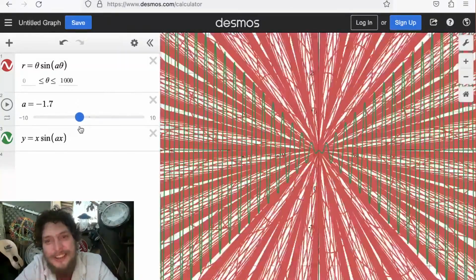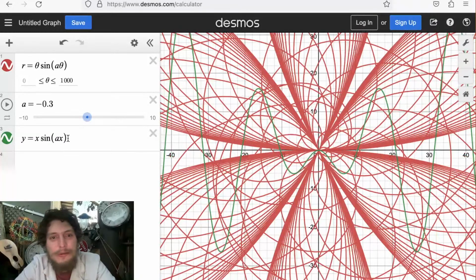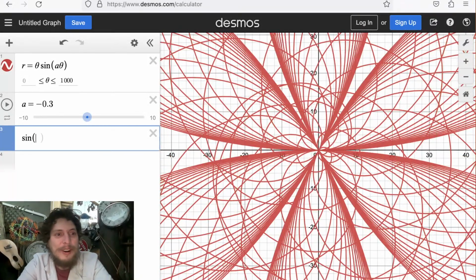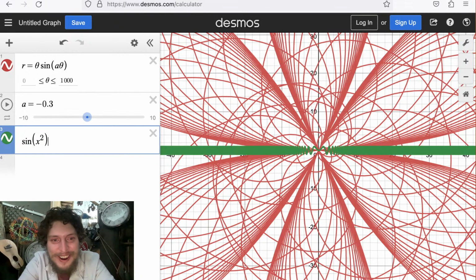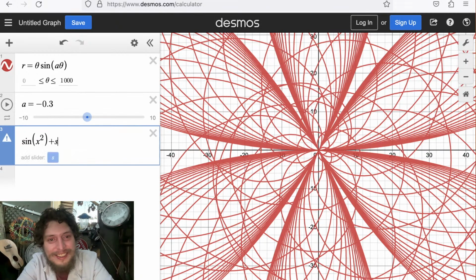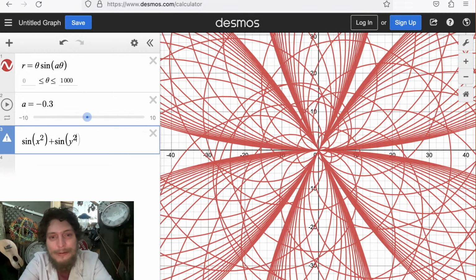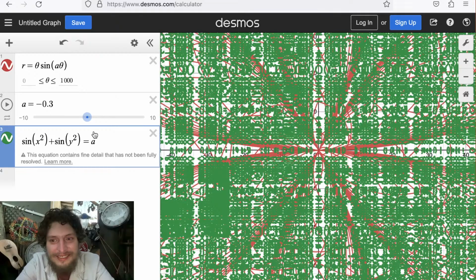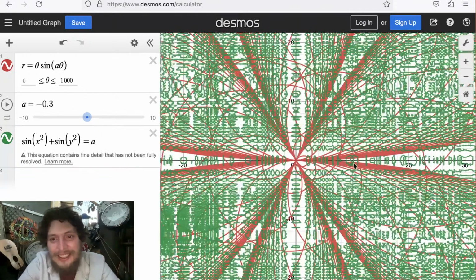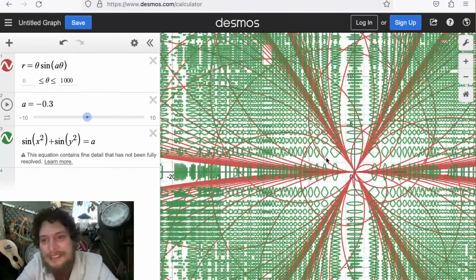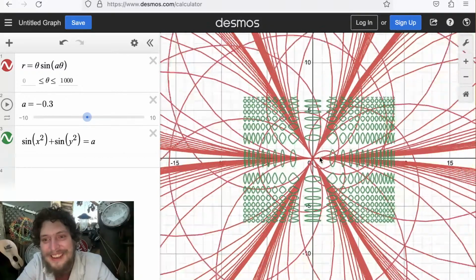The green isn't changing as much here. But we could, if we want to give it a friend, put one of our extra special old ones, like sine of x squared plus sine of y squared equaling a. Now, these aren't going to line up necessarily, but they are going to form an interesting friendship.